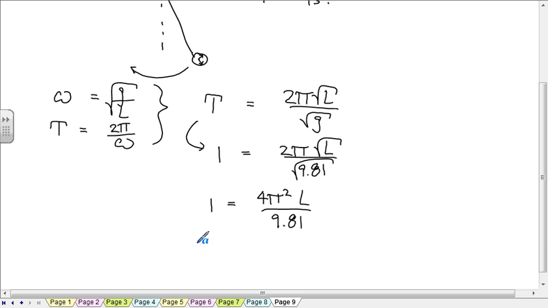And so L is equal to 9.81 over 4 pi squared. If you solve that, you get 0.248 meters. So a quarter of a meter.